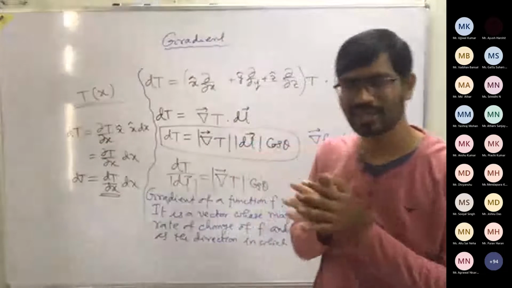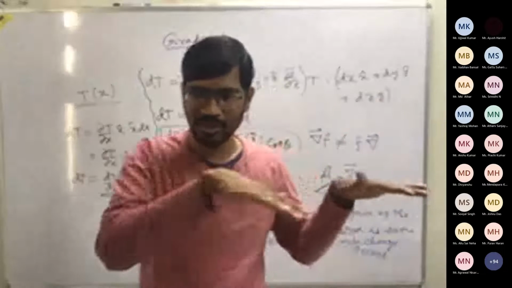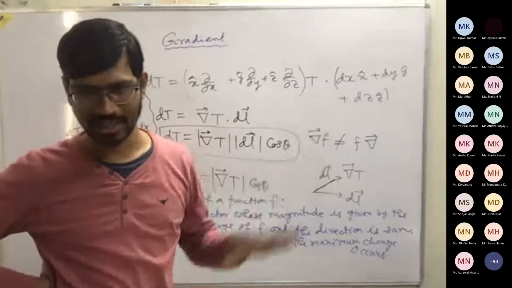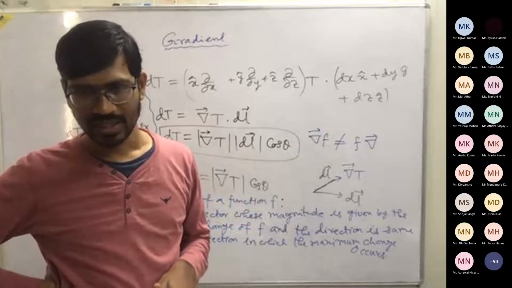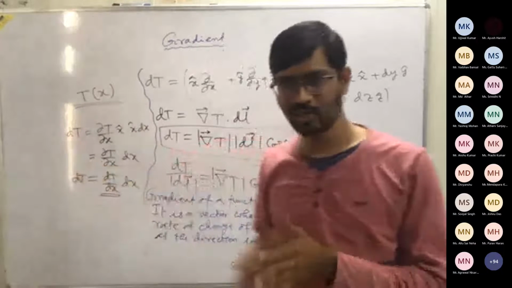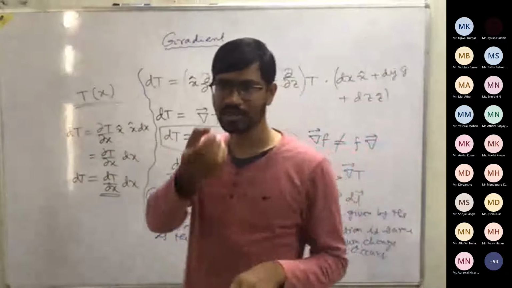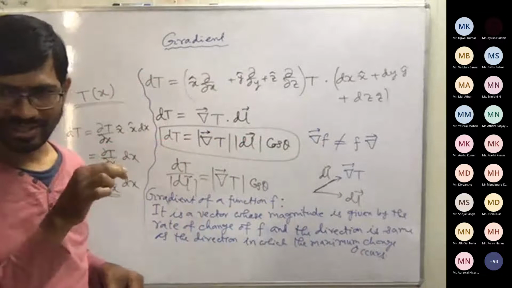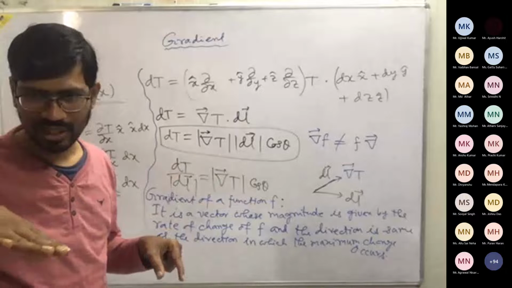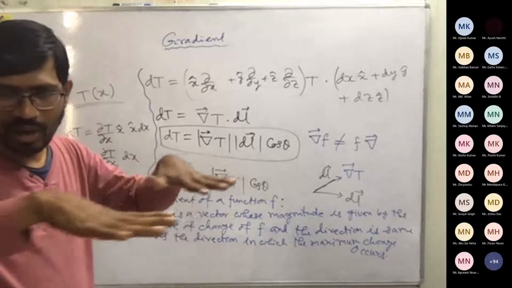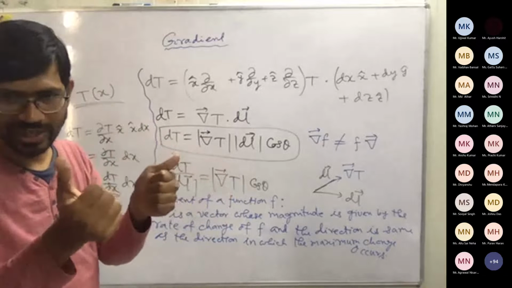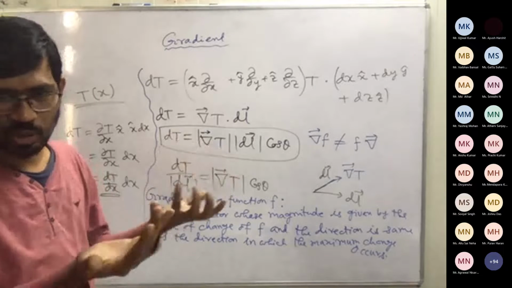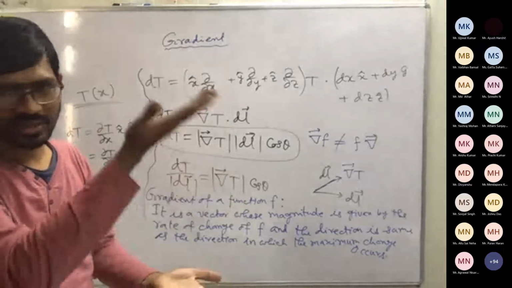The point is, let's say you have gone to some hilly mountain area, and you have an instrument giving the reading of height at different points. On the surface of earth, what are the two coordinates? Latitude and longitude.